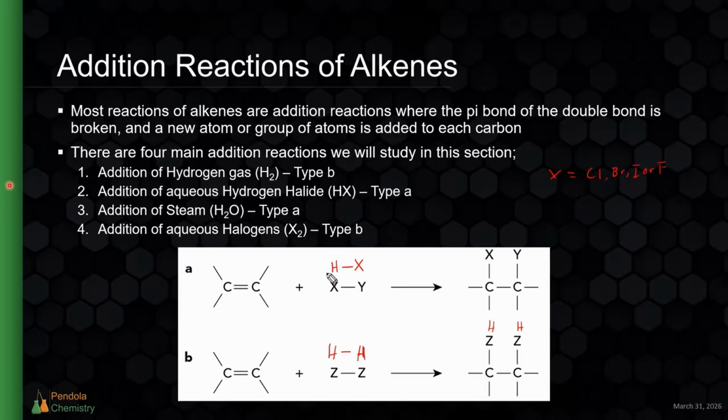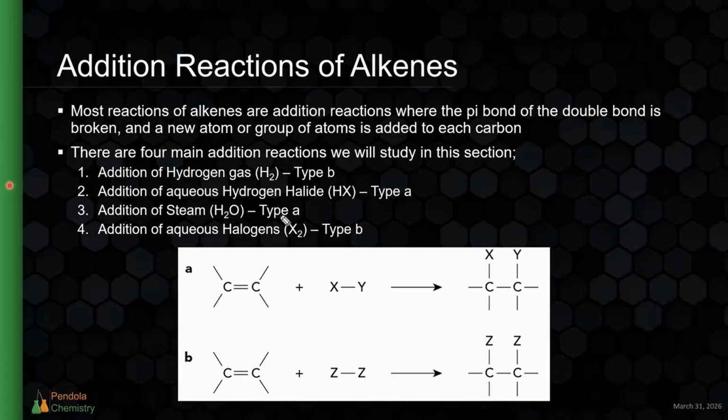So when we add a hydrogen halide to an alkene, again, that pi bond is going to break, and instead we're going to get those 2 different atoms added across where that pi bond used to be. So X will be H here, Y will be our halogen. So if this was HCl, Y will be Cl. So that's a type A type of reaction where the atom that's being added has 2 different atoms, or it's made out of 2 different atoms.